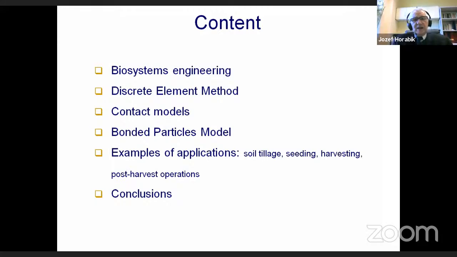Different contact models are necessary to be applied to different materials or to the same biological origin material, but with different moisture content. For example, for the dry grain, elastoplastic contact model is very useful. It means that deformation starts as the elastic, next the plastic deformation appears, and unloading goes along to the elastic formula.